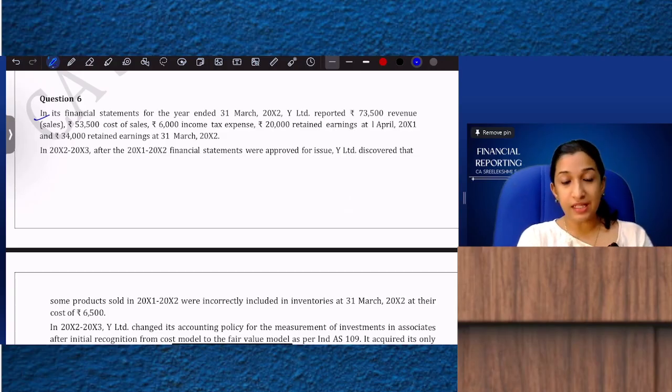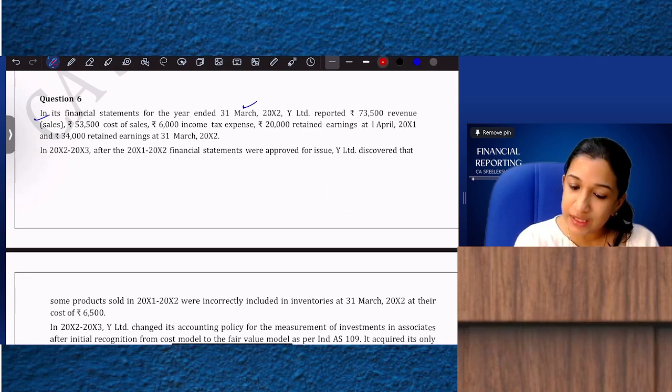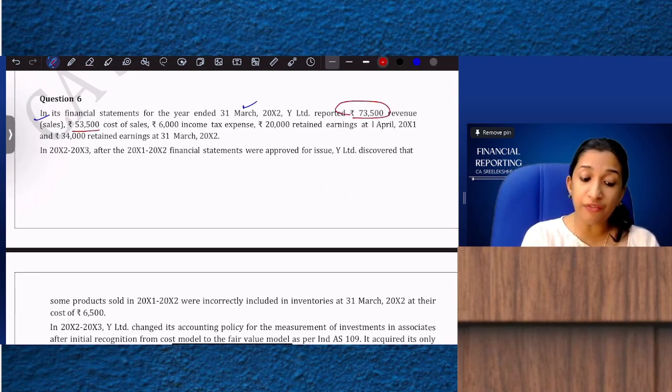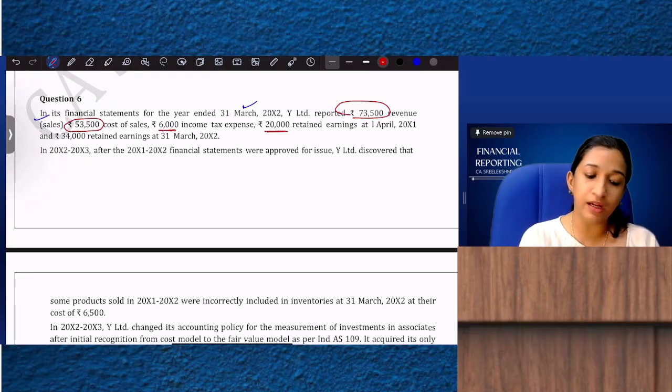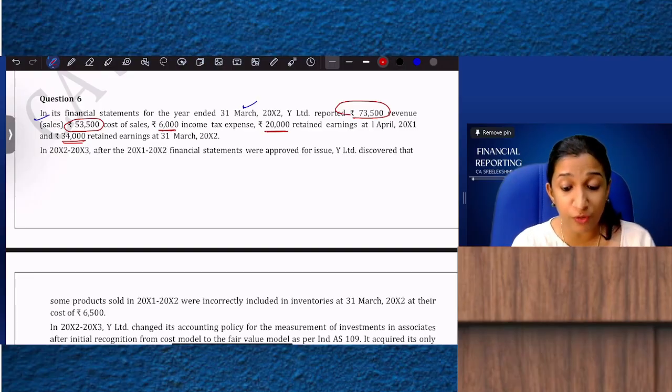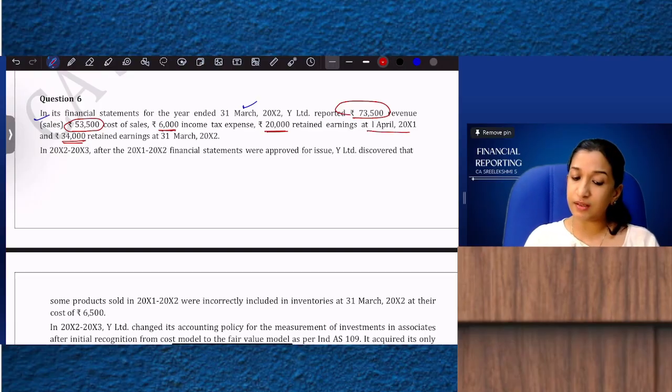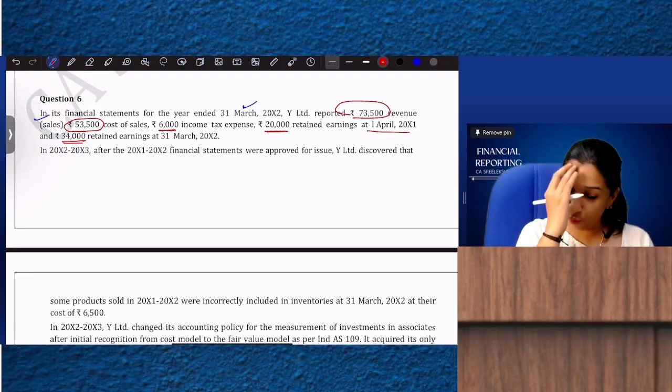In its financial statements for the year ended 31st March 2012, Y Limited reported 73,500 revenue, 53,500 cost of sales, 6,000 income tax expense, 24,000 retained earnings at 1st April 11 and 34,000 retained earnings at 31st March 2012. Okay.